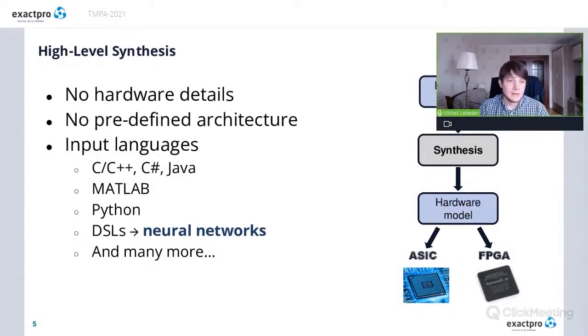There we can provide no architecture details or hardware details, only the algorithm, some abstract behavioral model written in usual languages like C++, Python, and others. And here there are many domain-specific languages, for example, to describe neural networks.